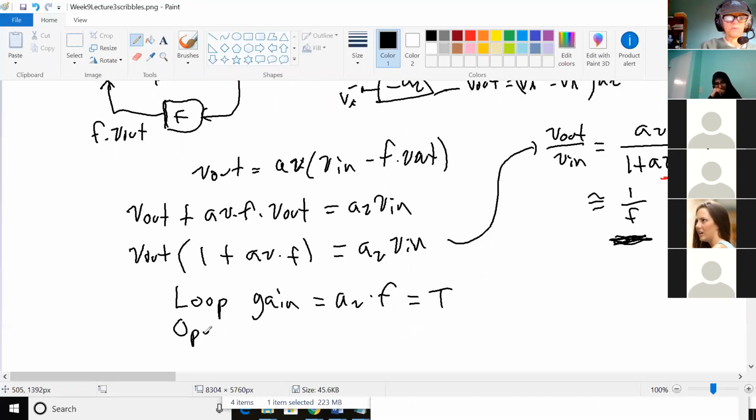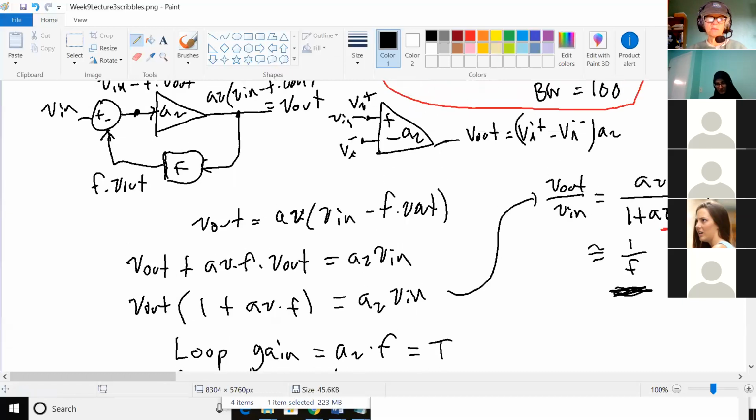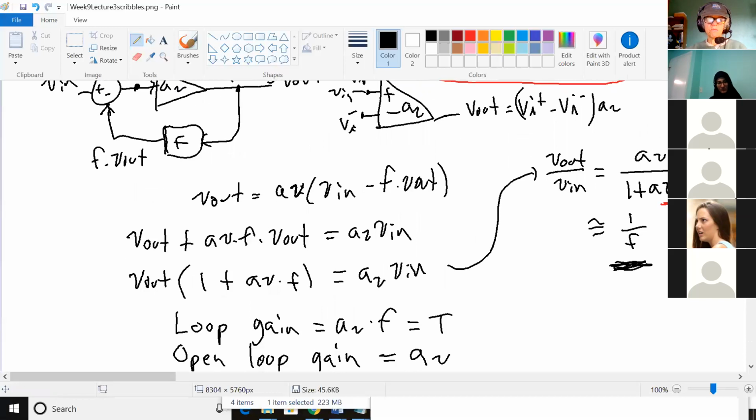There's the open loop gain. And that is just the gain of your amplifier. It says if I change V in, if I don't connect up the feedback, but I change V in, how much does V out change? And in this picture, you can see that's just the gain of your amplifier. So that's the open loop gain.